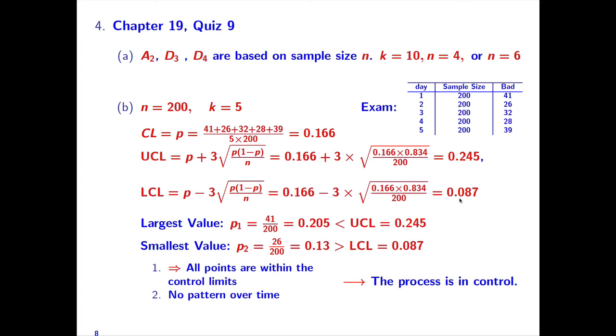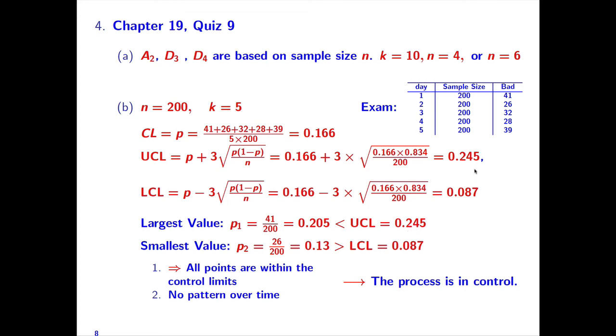Now, we need to determine whether or not the process is in control or out of control. So we will locate our largest value. In this case, it is in day 1, and you need to convert this value into a proportion. So you have 41 over 200 to give you 0.205, which is less than your upper control limit, 0.245.